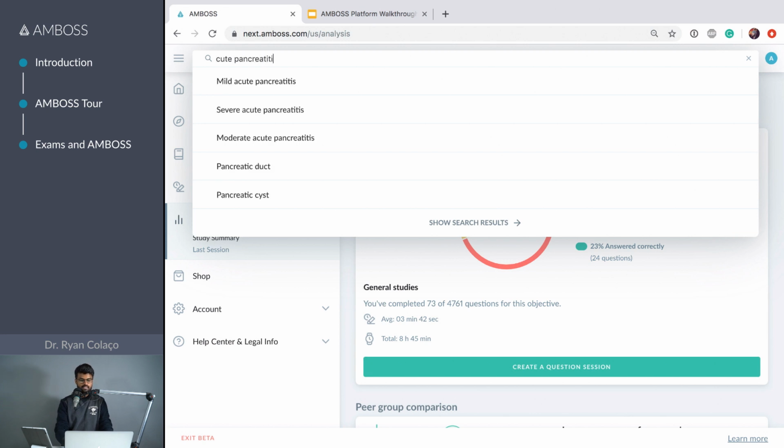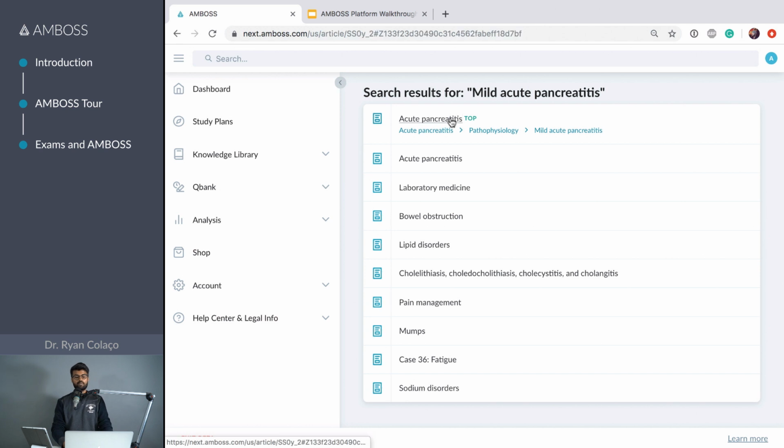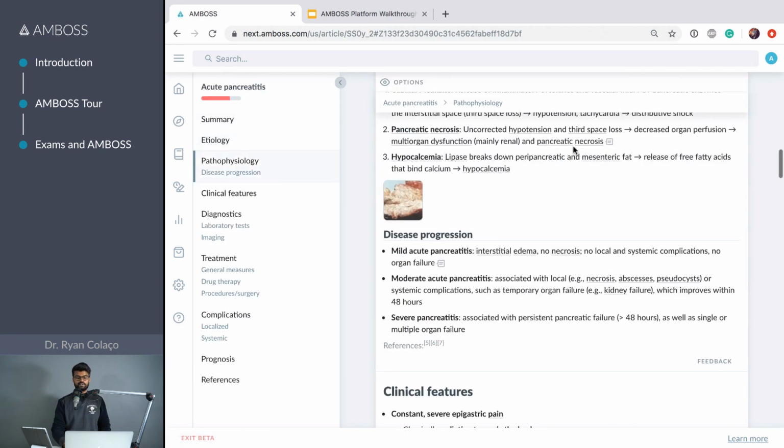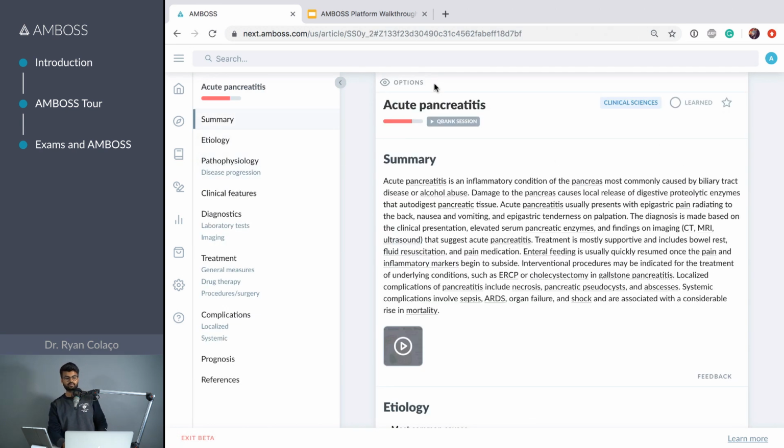Again, on the concept of wasting time and not wasting time, I'm going to go back to the chapter of acute pancreatitis. You remember this chapter, right? Now, if you go to this chapter, I've done the questions, I've read everything, I've solved a lot of questions, and now I want to revise it.